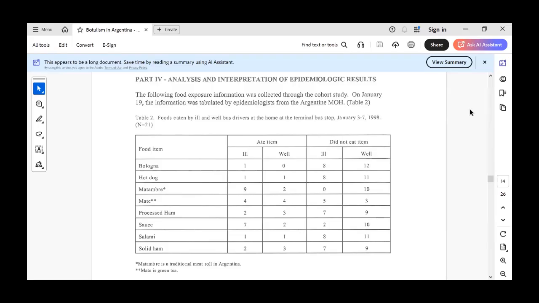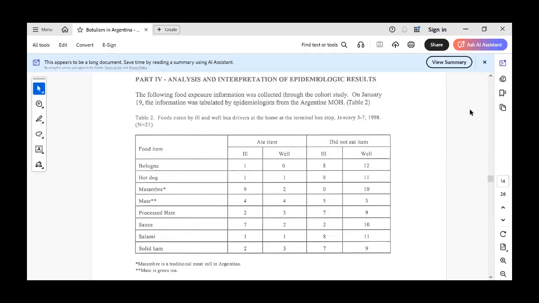So RR equals 1.19, or 1.2. That's similar to hot dog, and the p-value was 1.0. So even though persons who consume salami are 1.2 times more at risk compared to persons who did not consume it, there is no statistically significant relationship.